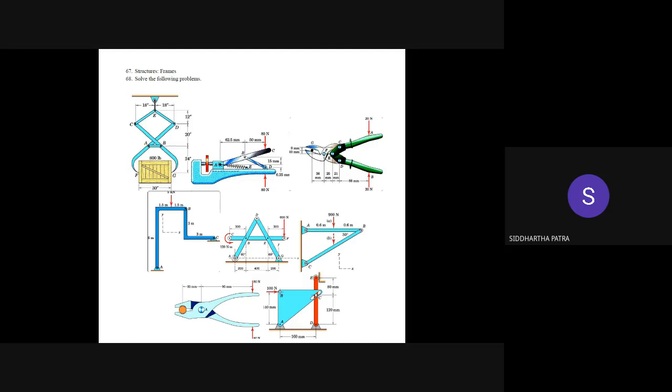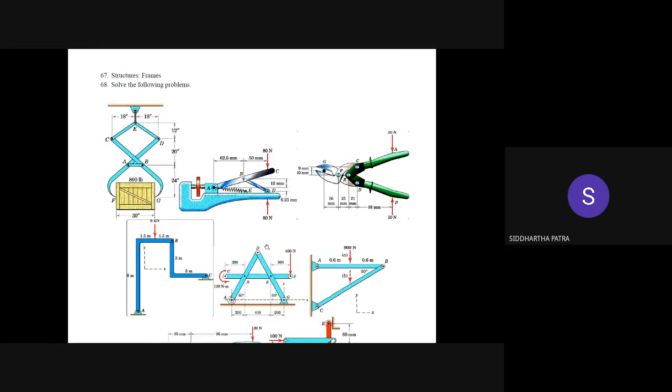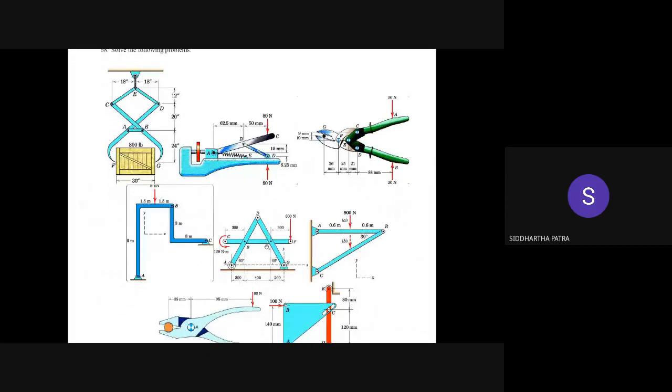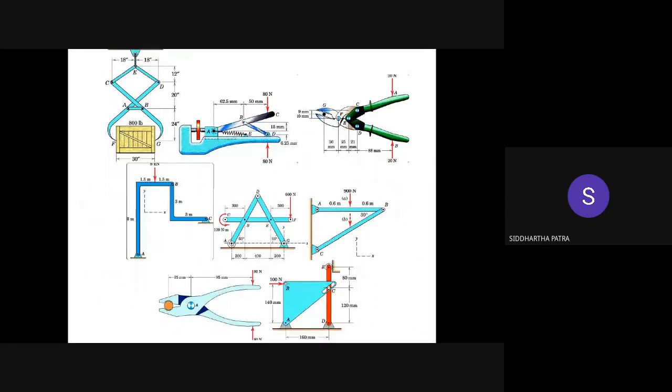In this case, we are trying to figure out the gripping force at A. Mostly we have drawn the free body diagram, and from those free body diagrams, if you write the equations of equilibrium, you can very easily solve this problem. It's not a very difficult problem.